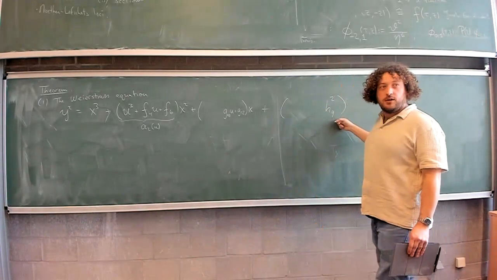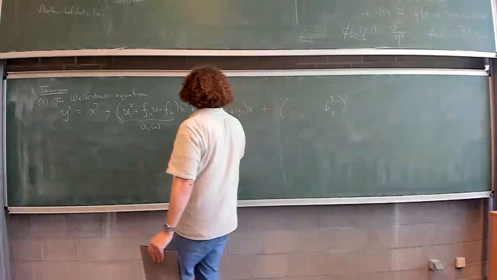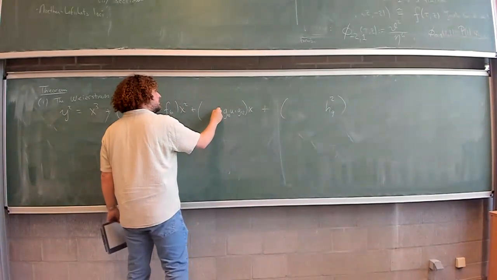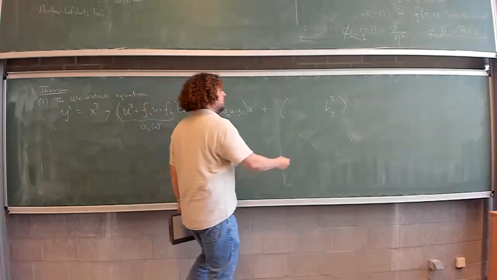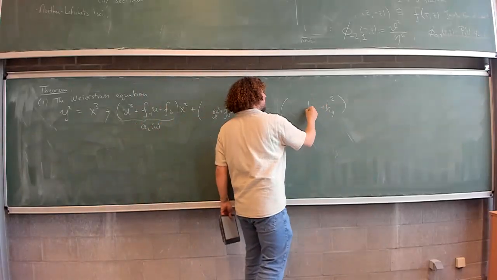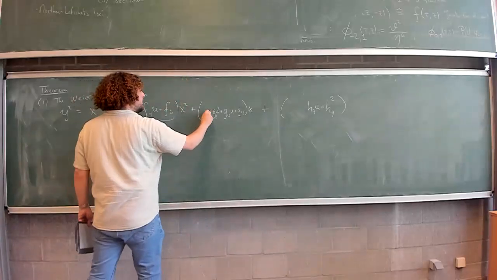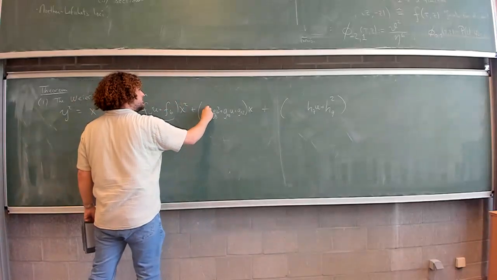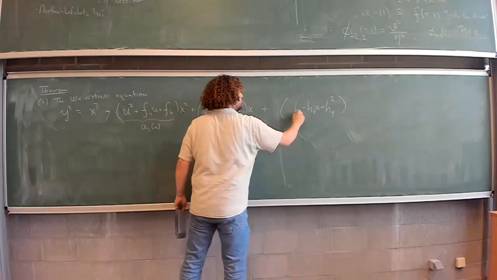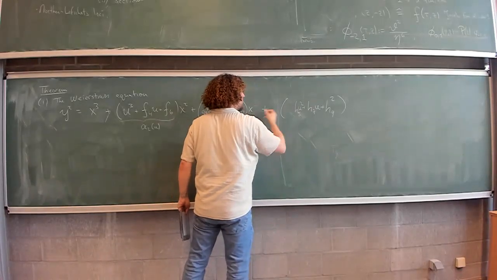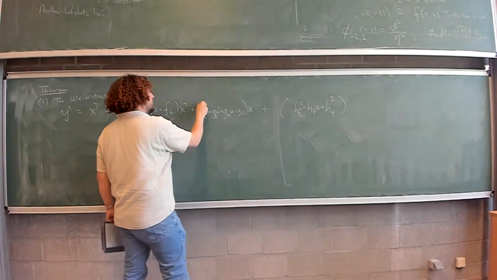So this is now the case A2. For A3, I now raise the degree of this by 1. For A4, I raise the degree here by 1. That's A5, A6, and finally A7.